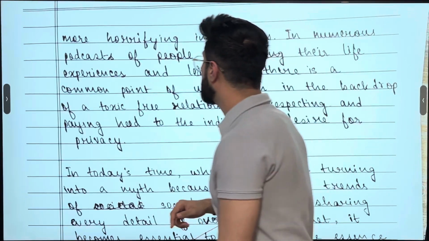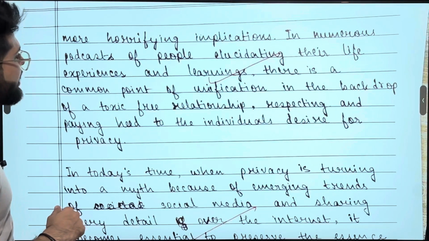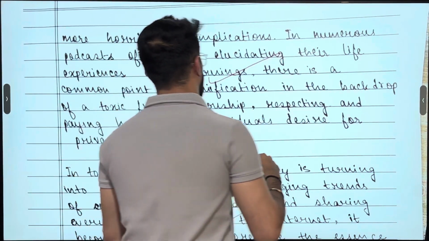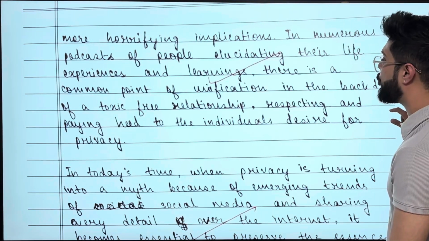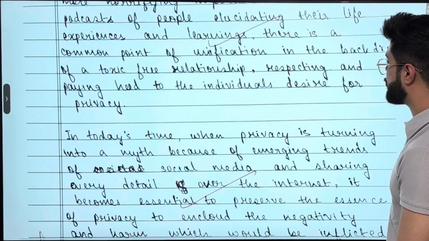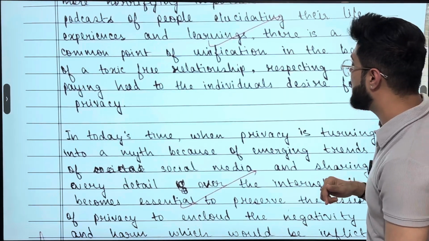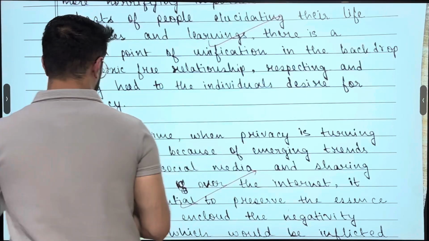In numerous podcasts of people elucidating their life experiences and learning, there is a common point of unification in the backdrop of a toxic free relationship, respecting and paying heed to individuals' desire for privacy.